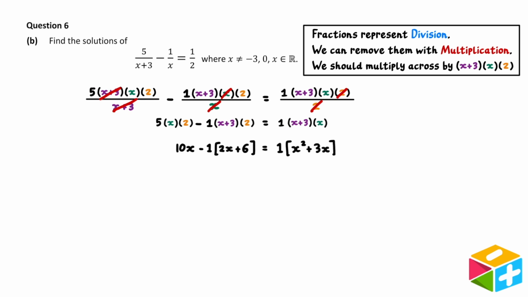Now, let's perform some of our multiplications. 5 times x times 2 gives us 10x. X times 2 is 2x, and 3 times 2 is 6. X times x is x squared, and 3 times x is 3x.